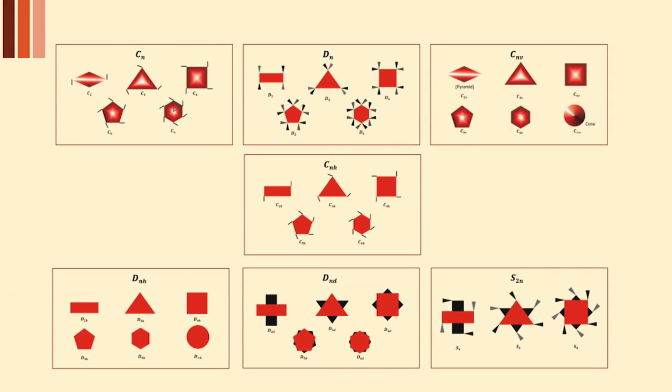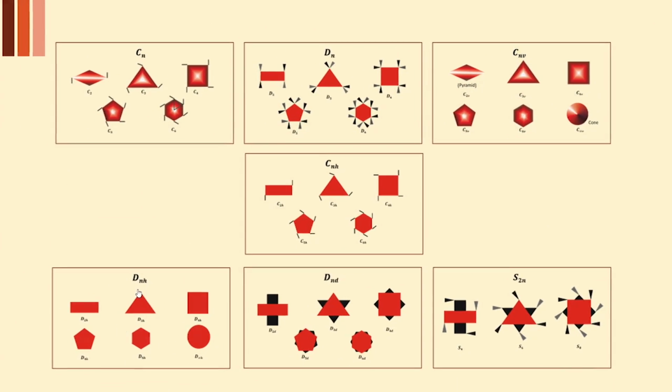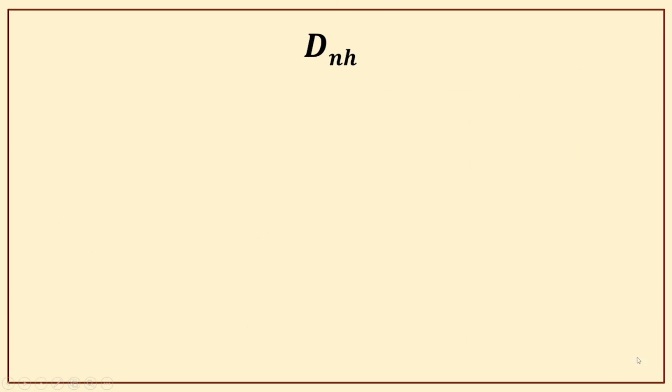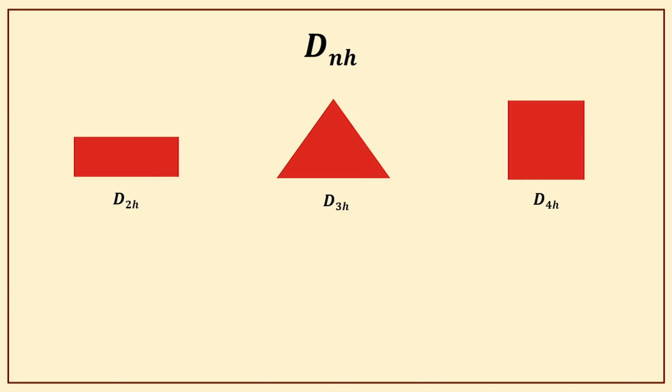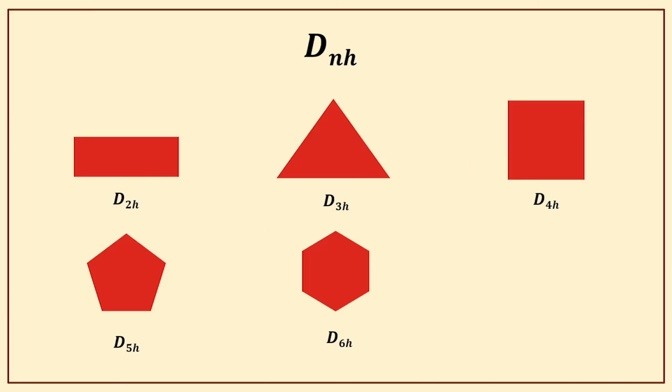Dnh symmetries are another kind of symmetries that is available for the flat molecules. See the structures for D2h, D3h, D4h, D5h, D6h, and D infinity h. If you simply correlate these structures, you will find that these are flat systems, and all of them should have a molecular plane or the horizontal plane of reflection. So you have a rectangle or a triangle or a square or a hexagon.